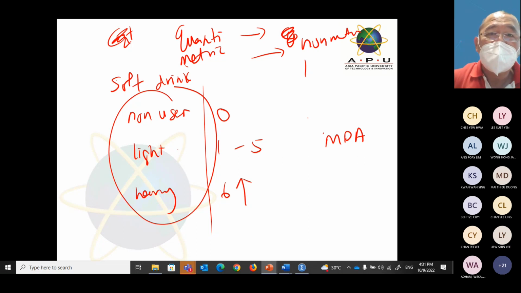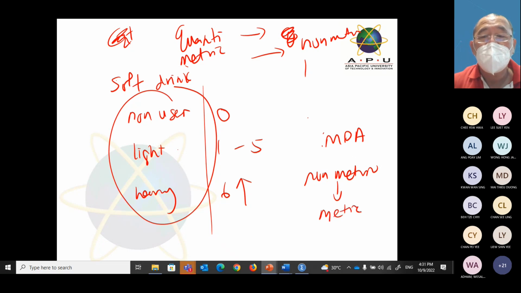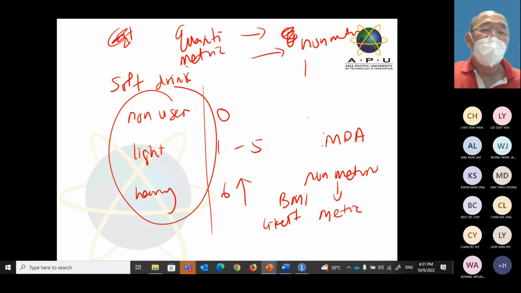And for the non-metric, we can make it become metric. For example BMI, we call it quantify. It can be BMI or some Likert scale. We can quantify some variables from non-metric become metric.